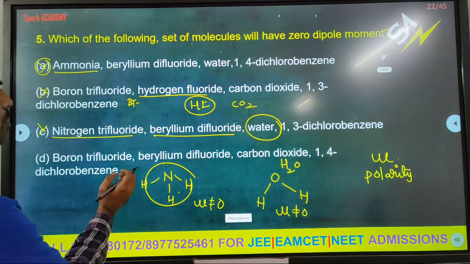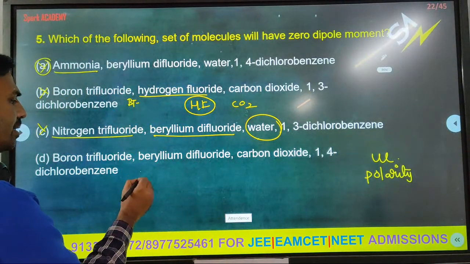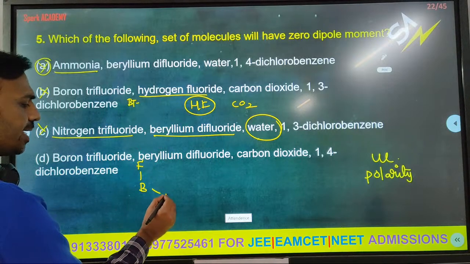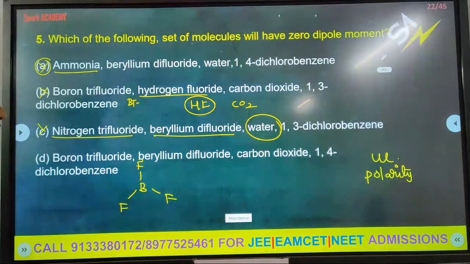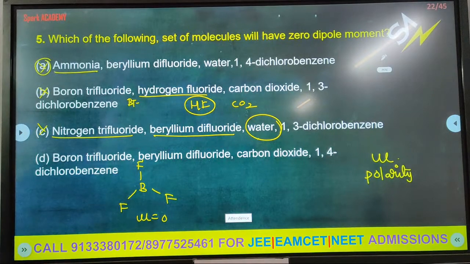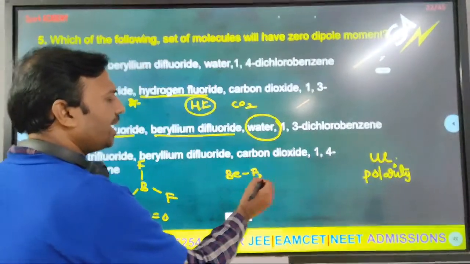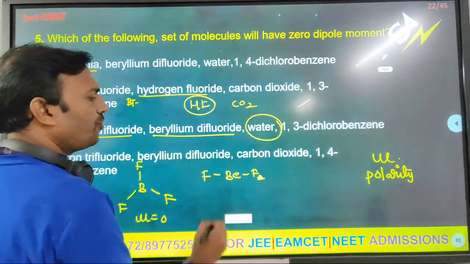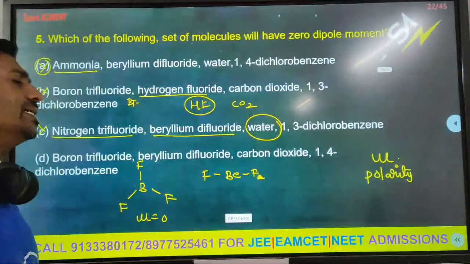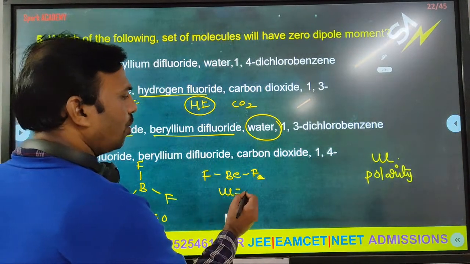Now come to boron trifluoride. Boron trifluoride is trigonal planar, so it is symmetrical. When a molecule is symmetrical, its mu is equal to 0. Beryllium difluoride, BeF2: beryllium is the central atom with 2 fluorines. It is also symmetrical, so its geometry is symmetrical, and mu is equal to 0.